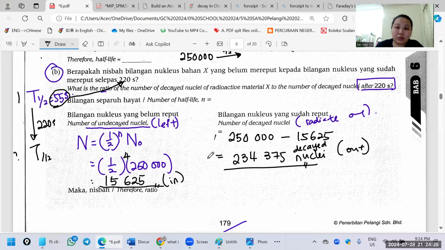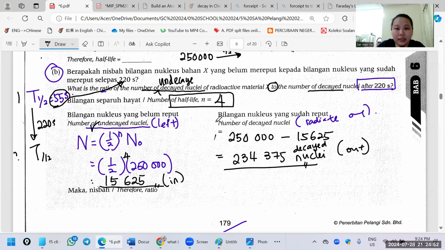So the ratio of number of decayed to, I think they write something wrong. It is the number of undecayed to decayed.